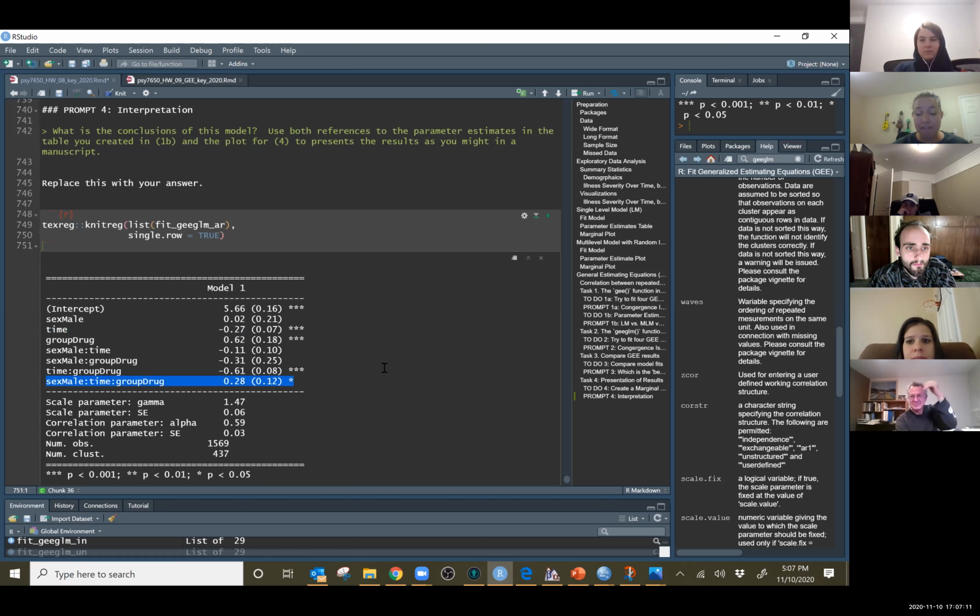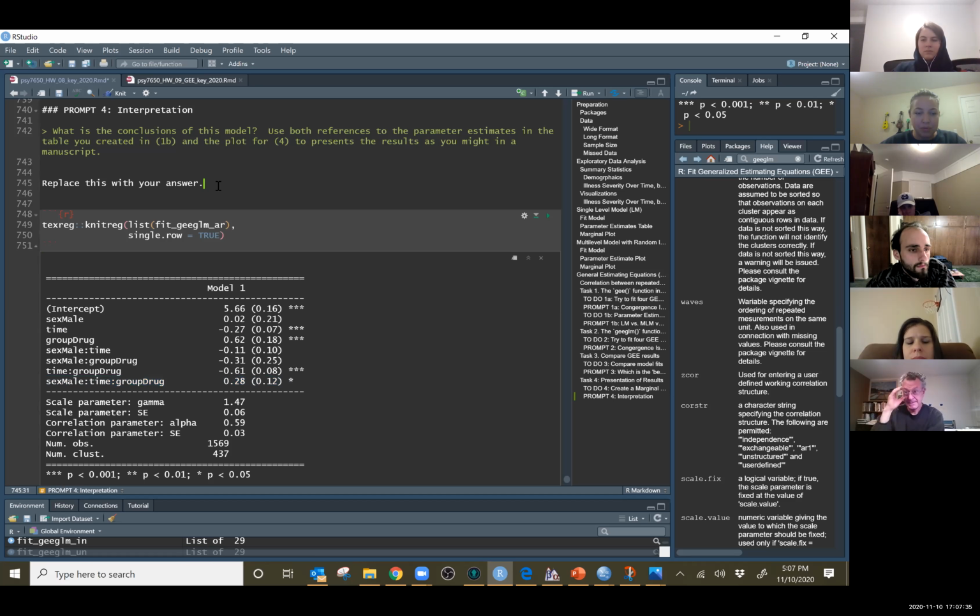So you should say first, using the autoregressive correlation structure, there is a three-way interaction between sex and group and time. Another way to say this is sex moderates group differences in change over time. So in interaction, we can use the word moderation. So that's always good to say that first.